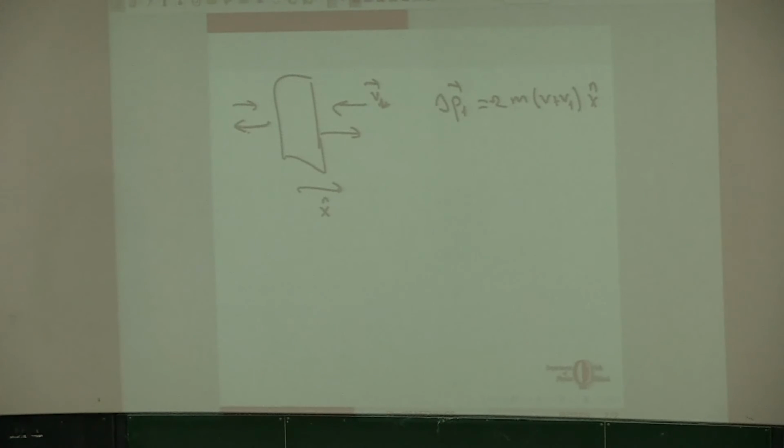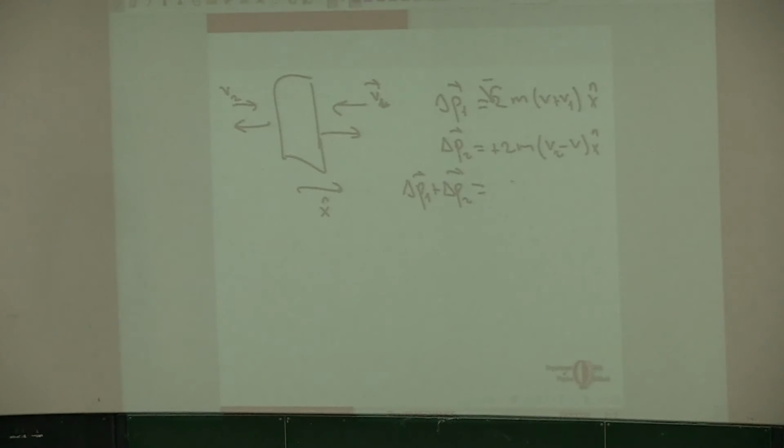Then there's another collision over here. And the momentum transferred in that collision, well, there's a minus sign over here, is plus 2m(v2 minus v) in the x-hat direction. So the net momentum transfer, well, just sum the two.